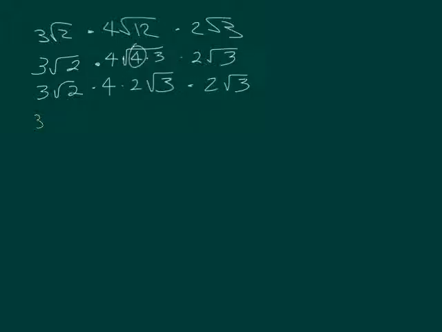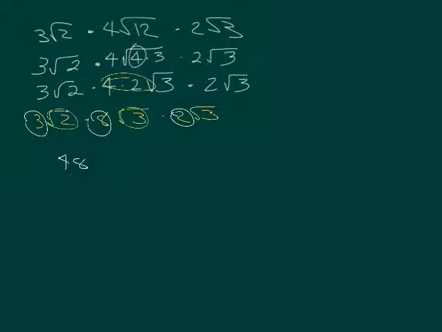Now I've got 3 square root of 2 times 4 times 2 square root of 3. Now I'm going to multiply the outside numbers and get 24, then multiply the radicands and get the square root of 6. Actually, multiplying this, this, and this, I get 48, and then multiplying the radicands I get the square root of 18.